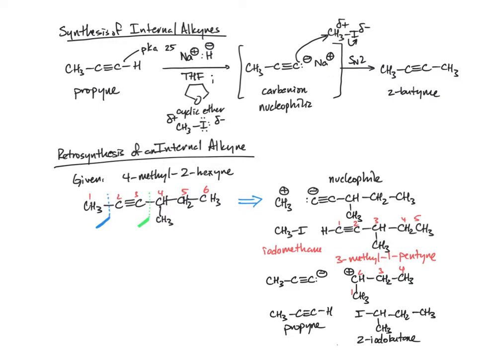the reaction proceeds through an SN2. So if we consider the electrophiles, here we have a methyl electrophile, iodomethane. Here we have 2-iodobutane, so this is a secondary alkyl halide.